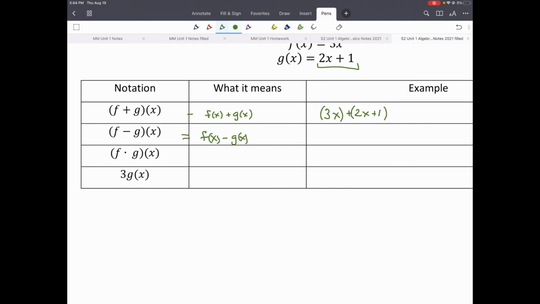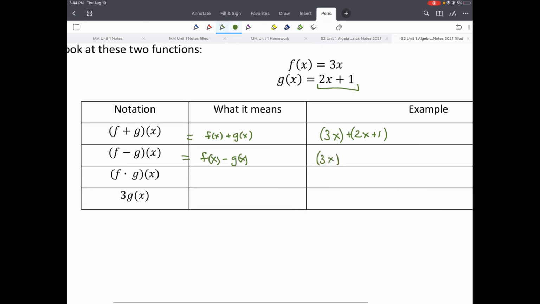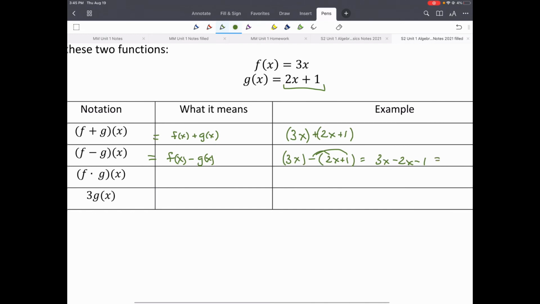So these are equal. And we can do the same sort of thing. So we'd do 3x, because that's what f of x is from up here. And then we're going to subtract g of x, so 2x plus 1. And again, especially when you're subtracting, you need to make sure that you are putting in parentheses, because we will need to distribute that first. So that's 3x minus 2x minus 1, and we'd end up getting 1x minus 1.